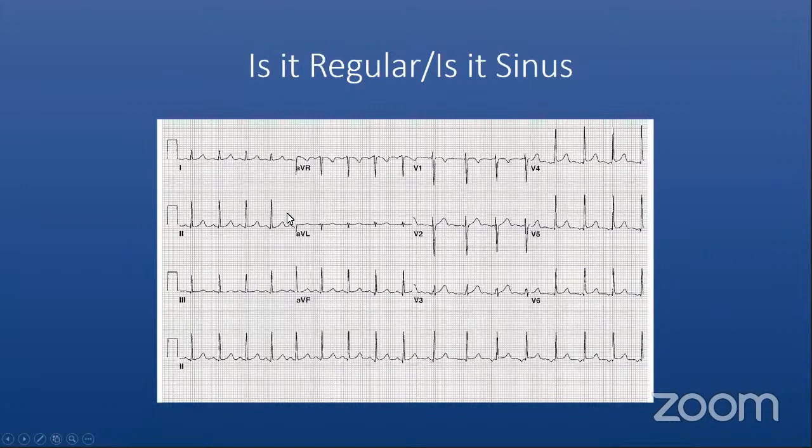So most of the time the P axis is normal, but there are abnormal or inverted P waves in the same lead. So this is basically called a wandering pacemaker, where you obviously have to rule out atrial tachycardia, but it can be seen in otherwise asymptomatic children.